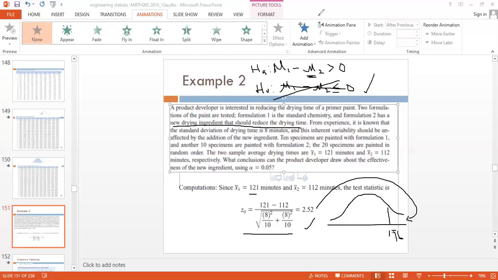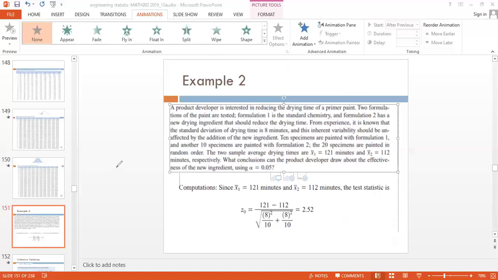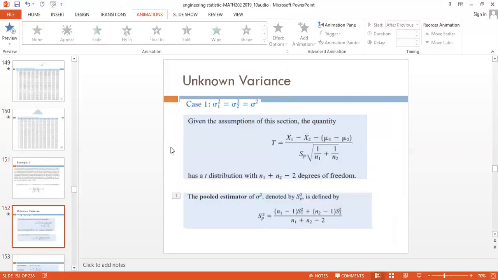Okay, now let's move on to the next condition. In the case where the population variance is unknown, or even the sample standard deviation is not provided, there are two cases.